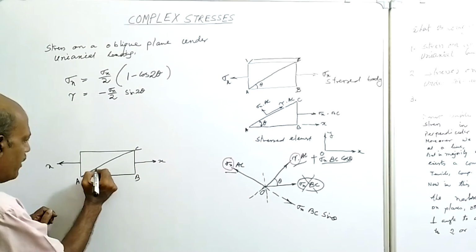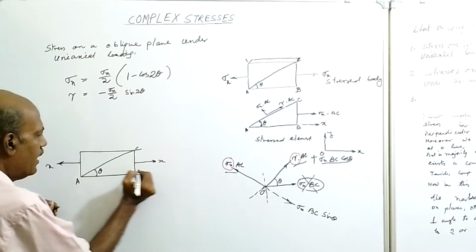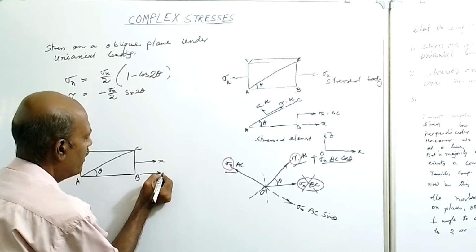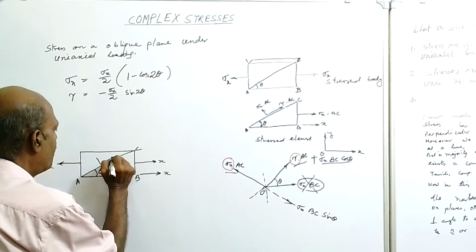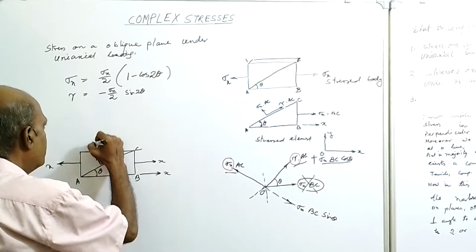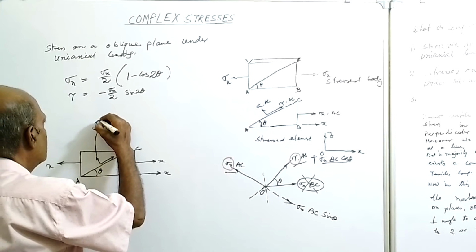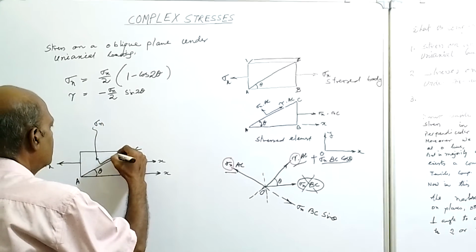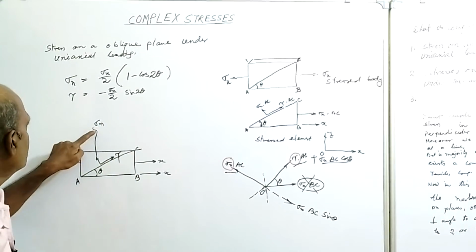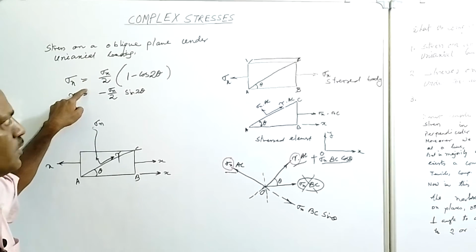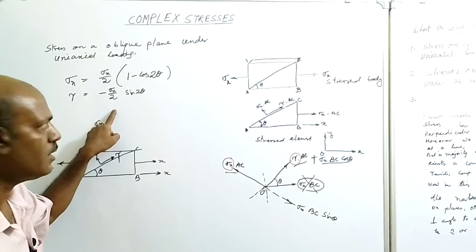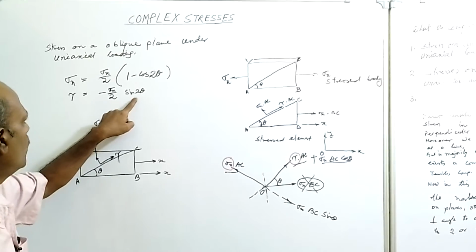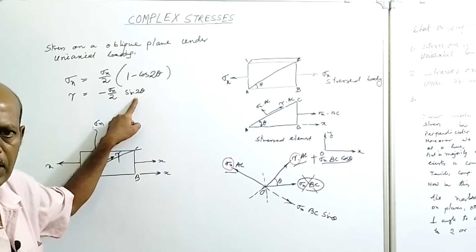The inclined plane was making angle theta with the x direction, and the stresses developed on that inclined plane are given by sigma n and tau. The sigma n value is equal to sigma x by 2 into (1 minus cos 2 theta), and tau is given by minus sigma x by 2 sin 2 theta.